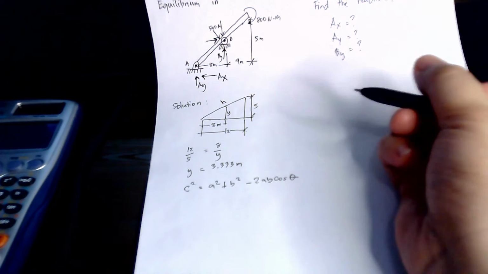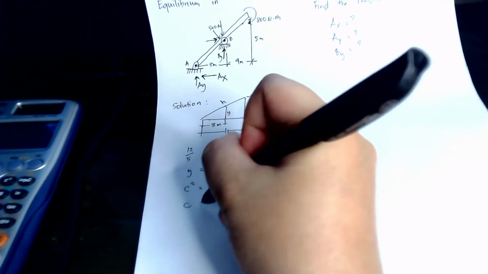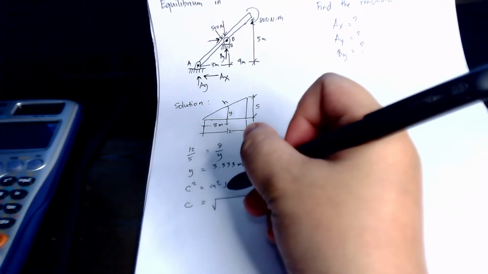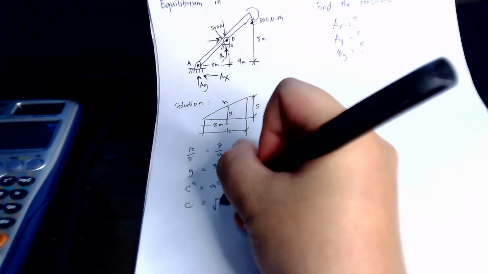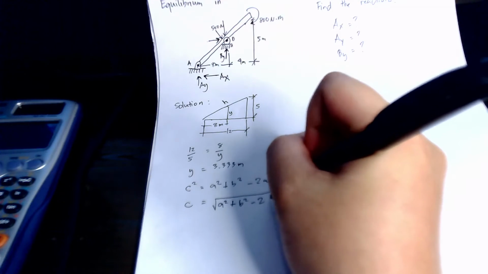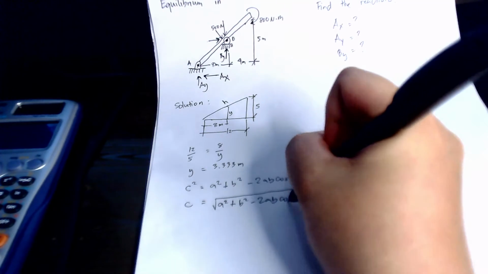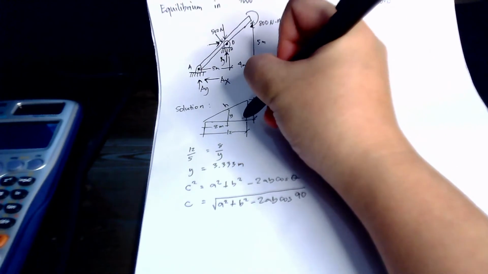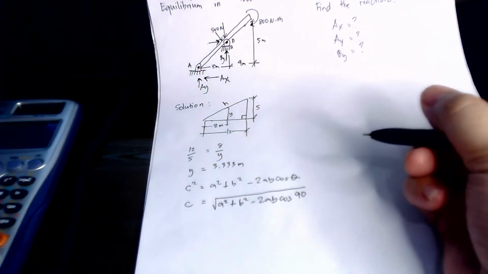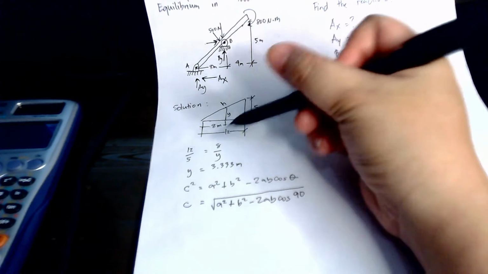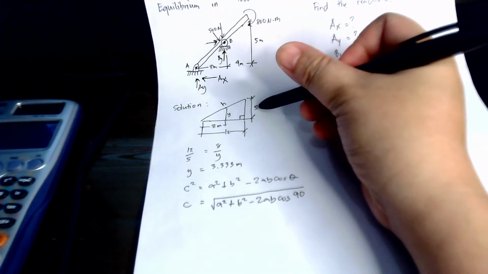So C is the square root of A squared plus B squared minus 2AB cosine 90, because this is 90 degrees.